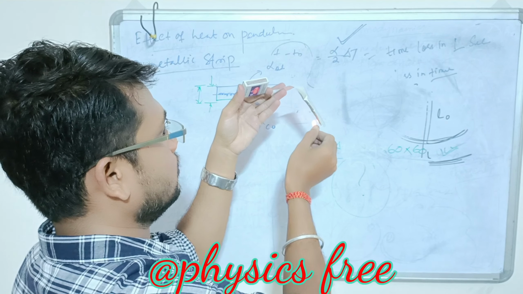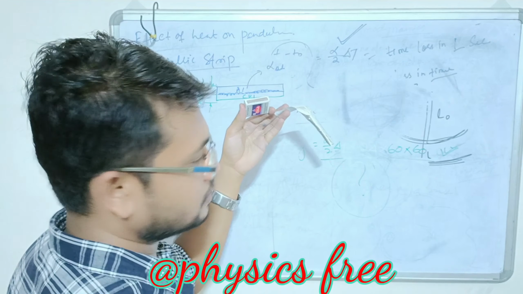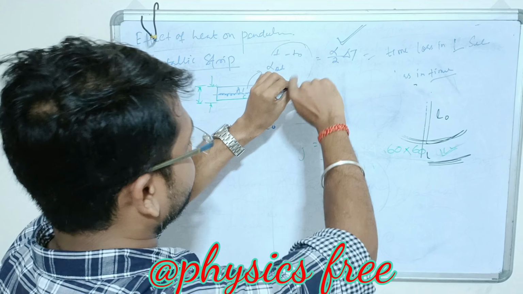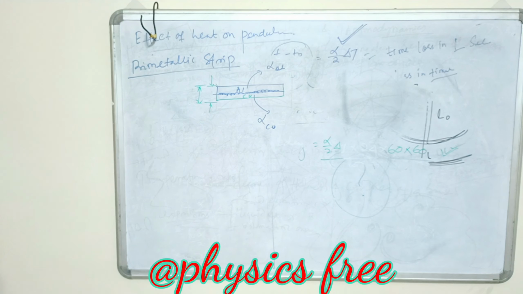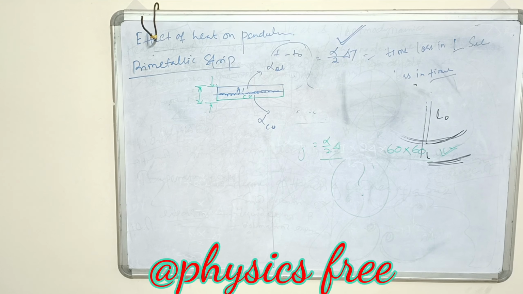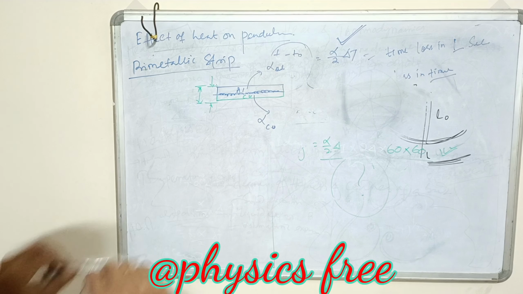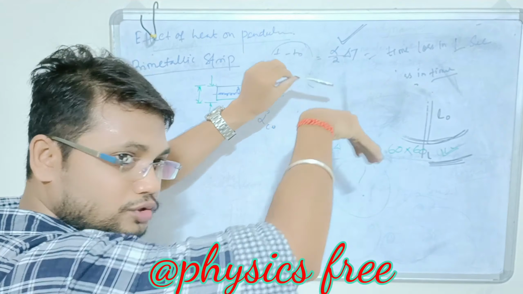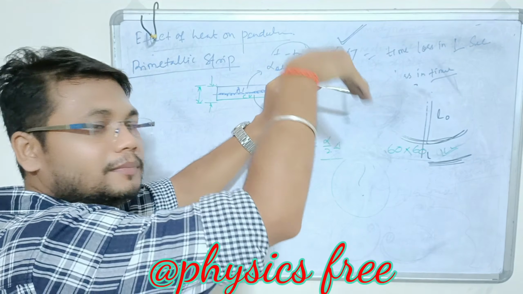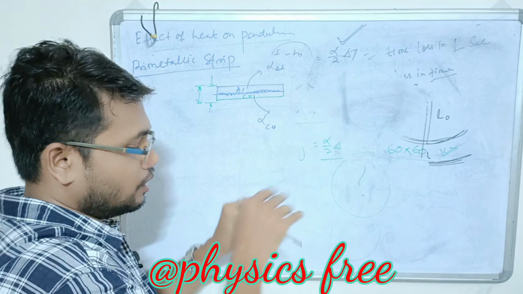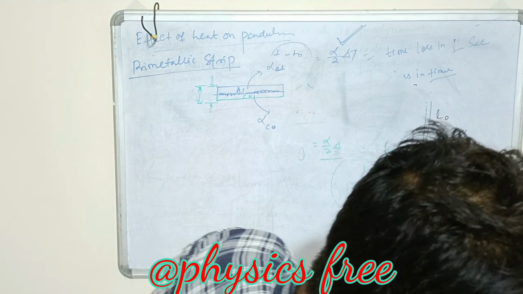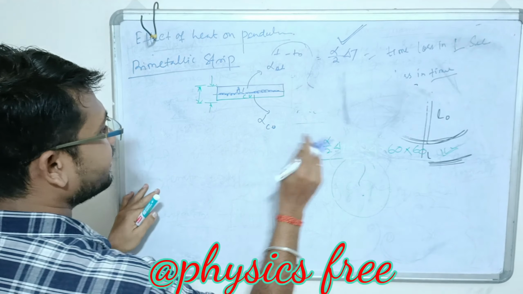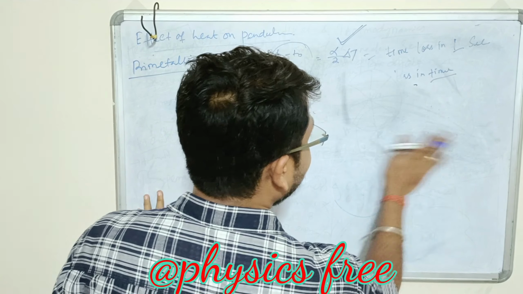Wow. Now it bends like a curve. That means the alpha of the aluminum is more. It is trying to push in the downward direction.